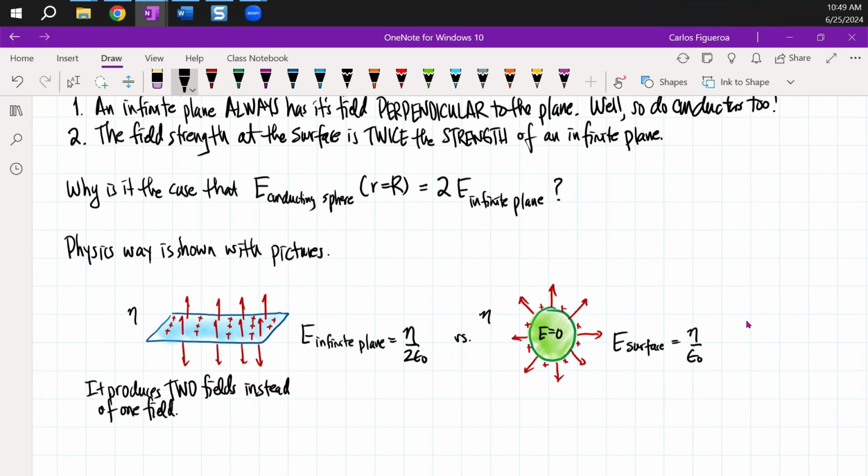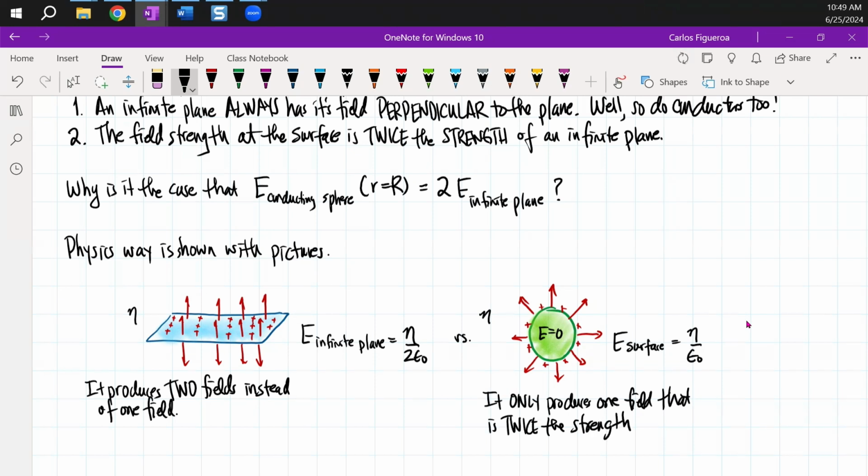And over here, what you're seeing is that it only produces one field that is twice the strength.